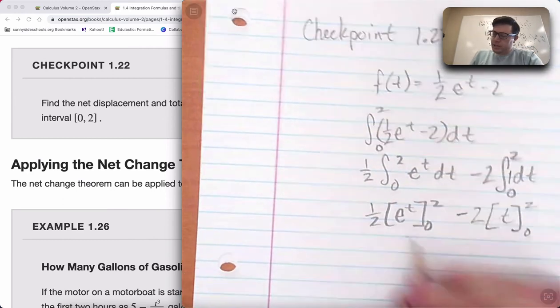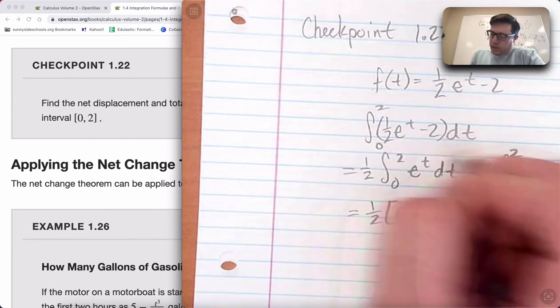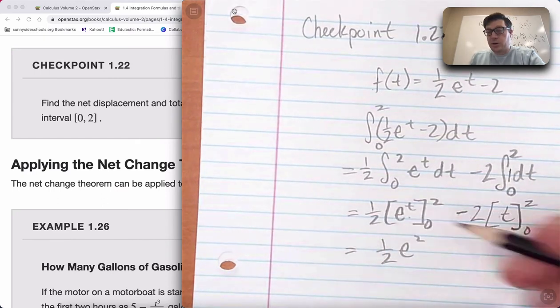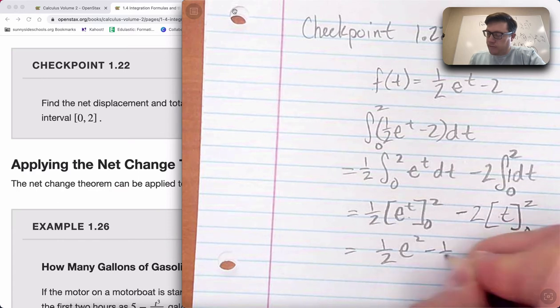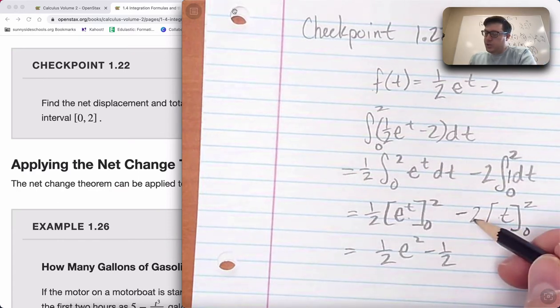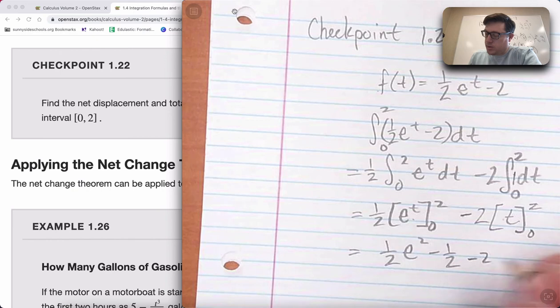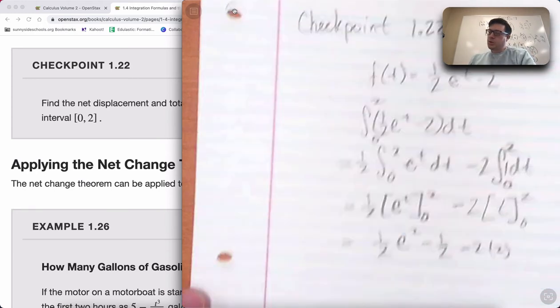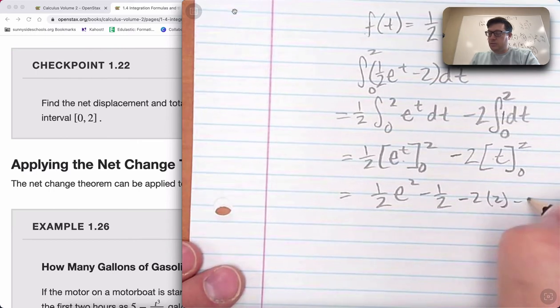Now evaluate. We're going to get 1 half e squared. e to the 0 is 1, so minus 1 half. And then over here, minus 2 t, which is, not t squared, it's 2, minus 2 times 2. You see my brain broke for a minute. Okay, so there we go. The minus 0, if I really want to be picky.